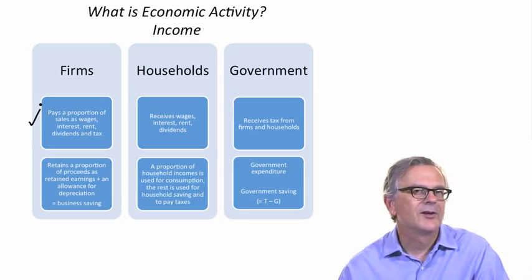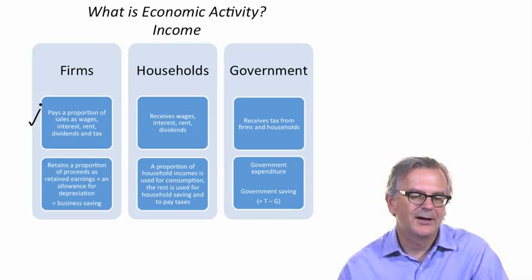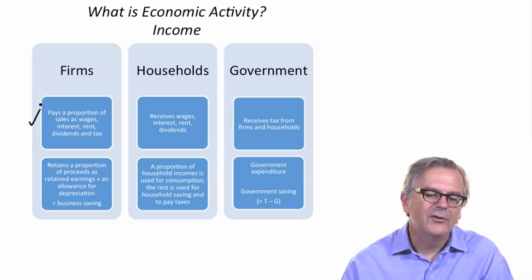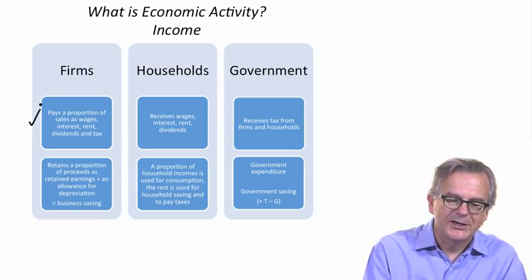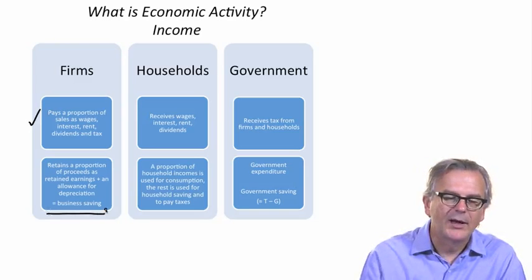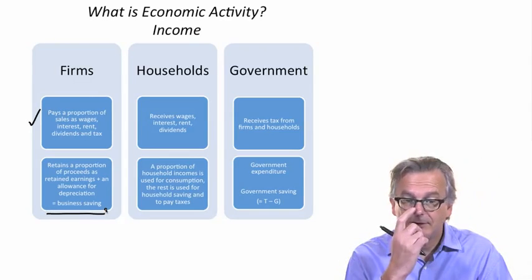And often this is fairly predictable, so firms hold back some of their sales receipts as a depreciation allowance, enabling it to replace worn-out plant and equipment as the need arises. Now, retained earnings and this allowance for depreciation are collectively known as business saving.